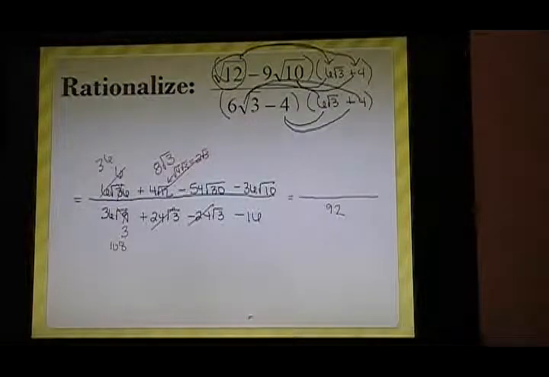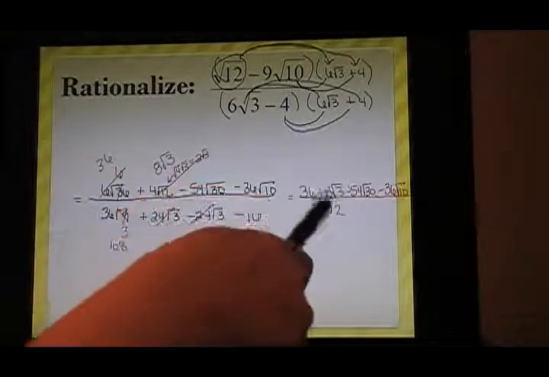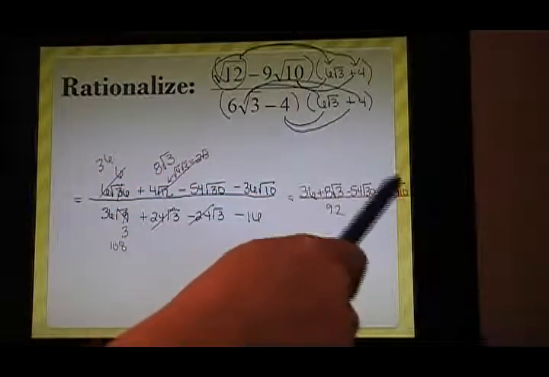And 10's not, so I can't do anything with that. So I have 36 plus 8 root 3 minus 54 root 30 minus 36 root 10. So all of my radicals are simplified.